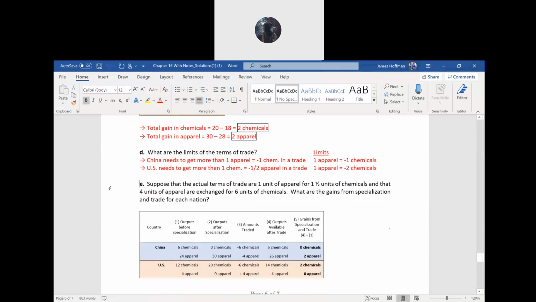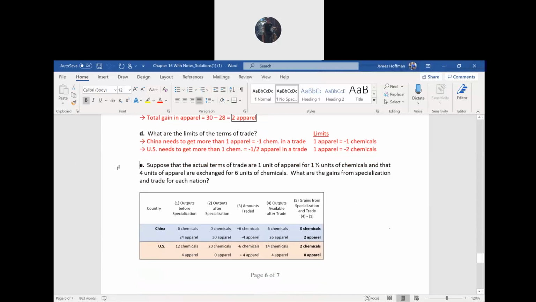And part E. Suppose the actual terms of trade are 1 unit of apparel for 1.5 units of chemicals. So you can note that that's within the limits, within the boundaries, right? 1.5 is in between 1 and 2. Okay, and so that's the deal.